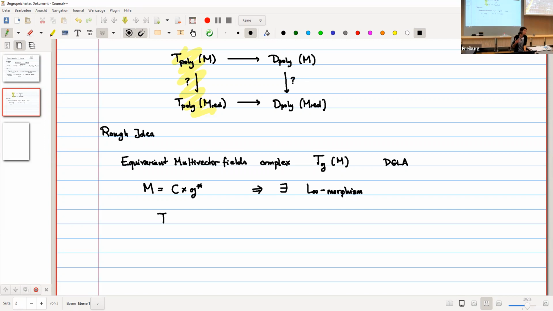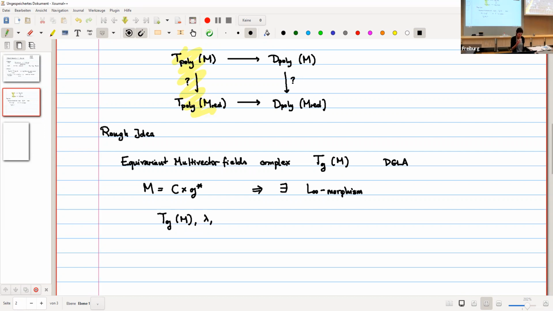It's more general if you just say the action is proper. So the map is now this one. You have your equivariant multivector fields, and you have a curvature, which is given by the fundamental vector fields of your action.